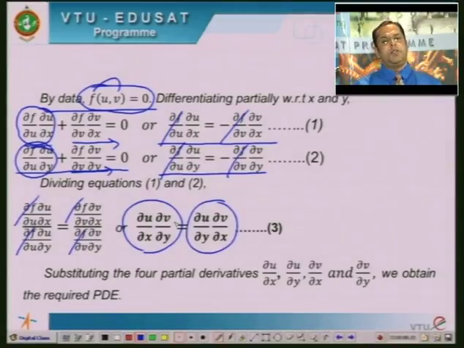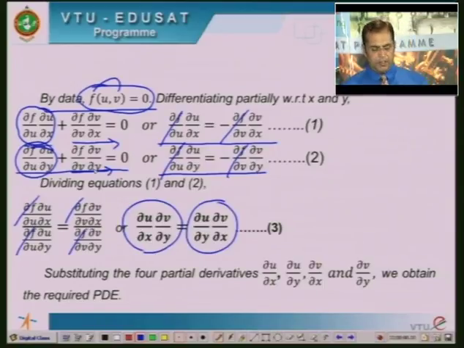What you see in the procedure is the following. Through a differentiation sequence, in this process itself, you have eliminated the function f, so that finally you are left with only the 4 partial derivatives dou u by dou x, dou u by dou y, dou v by dou x and dou v by dou y.